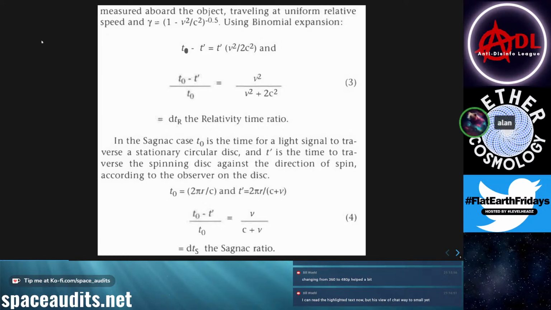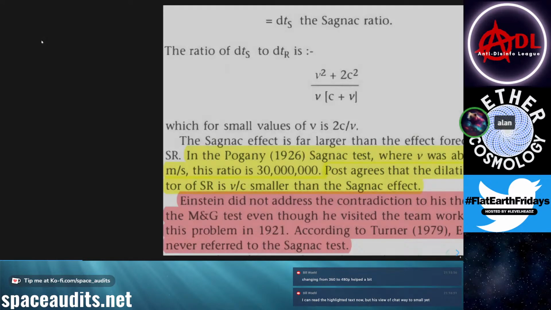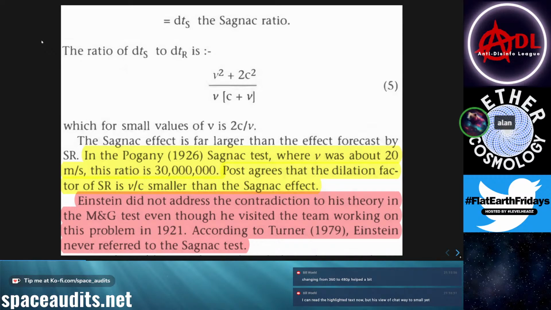So aboard the traveling uniform platform, you're going to get your gamma factor correction, and it's based off of velocity, and you're going to get the time difference with the stationary observer. So they invoke that geometrically convenient position where they have an observer at the center watching the rotation, and then the other guy that's on the rotating platform, there's where your time difference comes from, right? So this prediction, this way to explain the effect within relativistic confines, was off by more than 30 million.